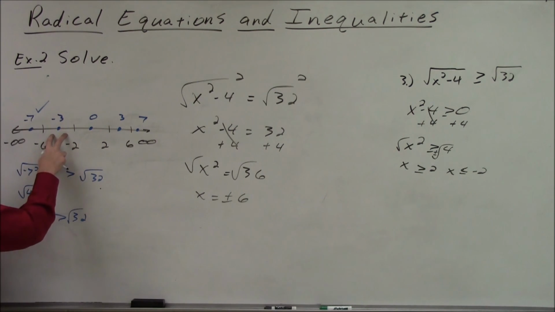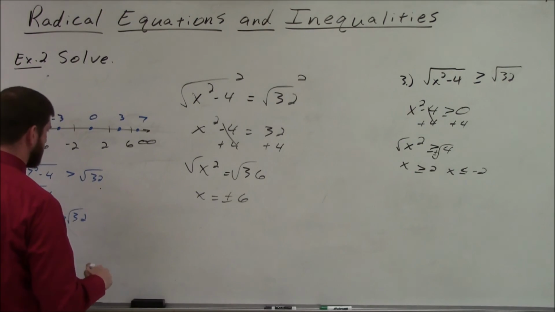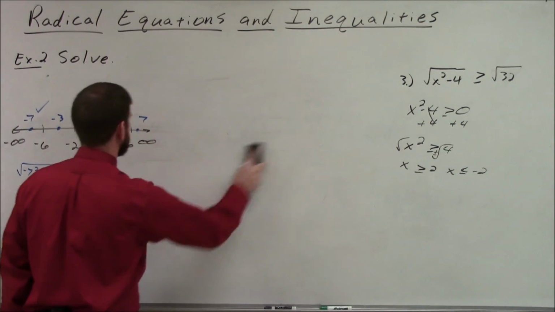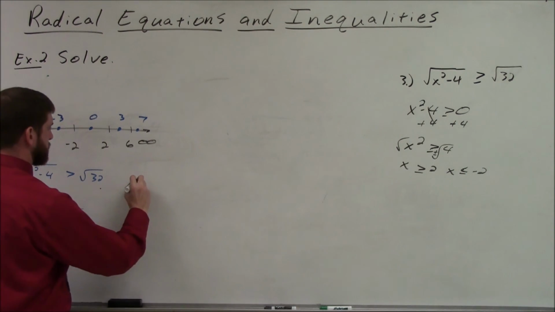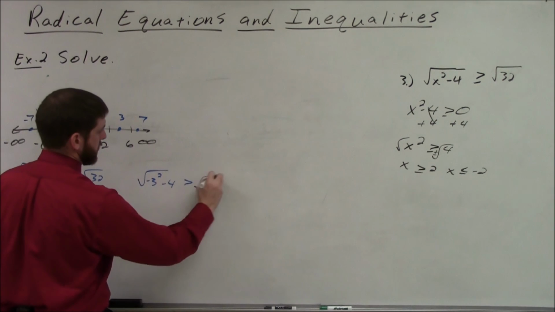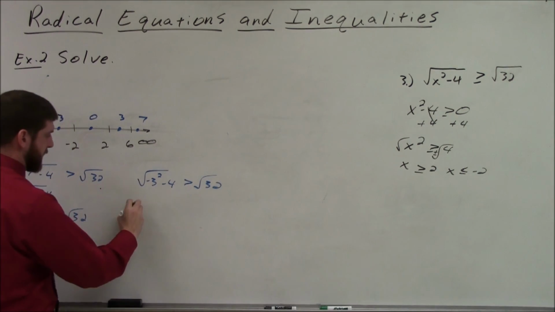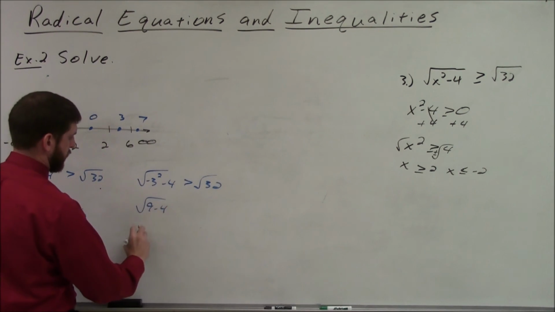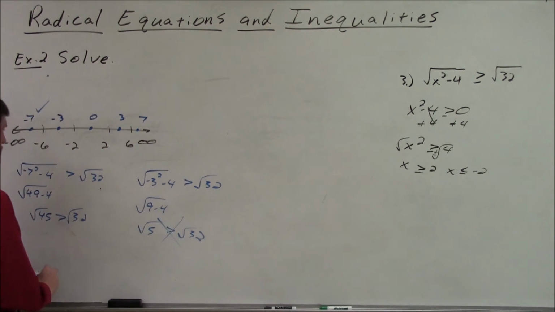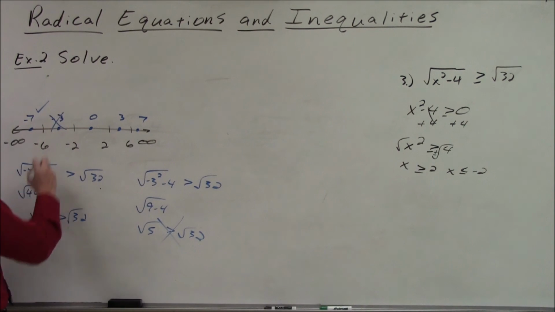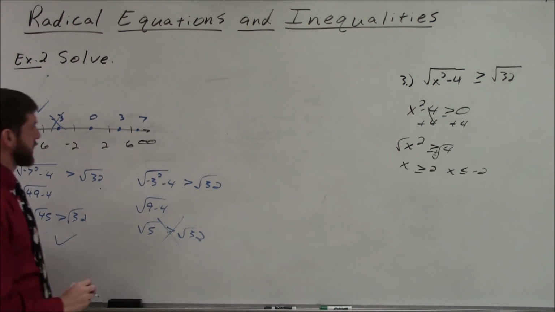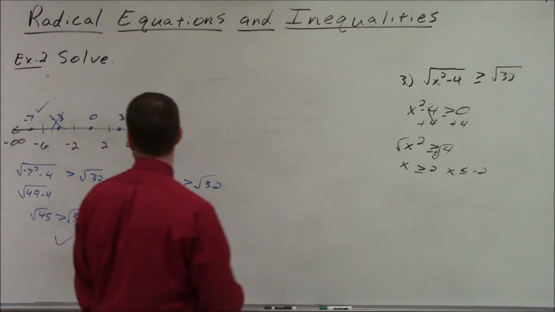Then we go with this one right here, trying the negative 3. Square root of negative 3 squared minus 4. Is that greater than square root of 32? So that's 9. Minus 4 is 5. Is square root of 5 greater than square root of 32? No, it's not. So that interval doesn't work. Check the 0 interval.